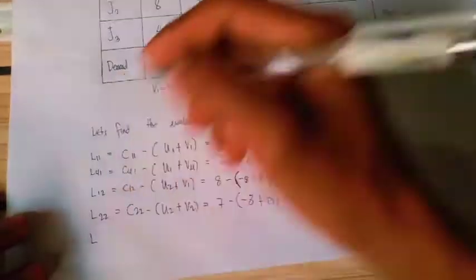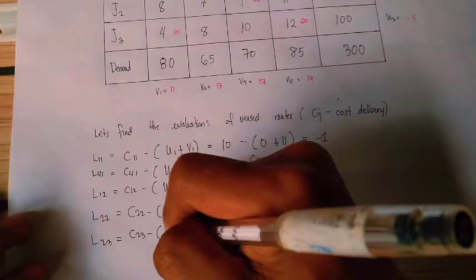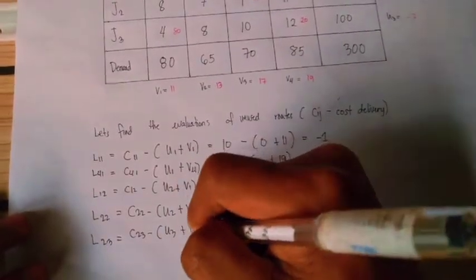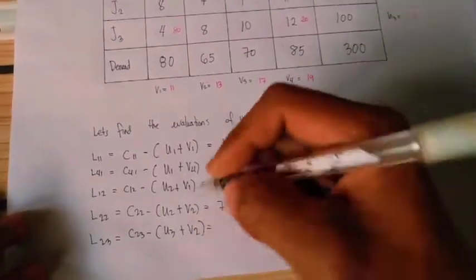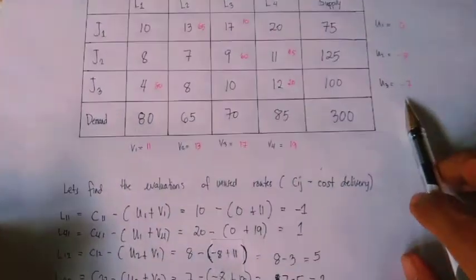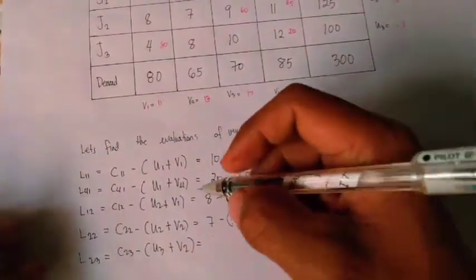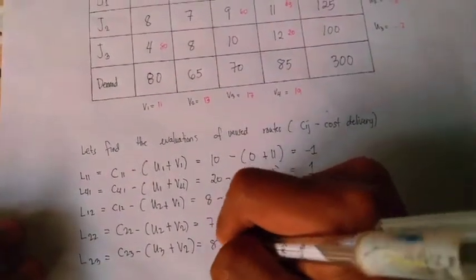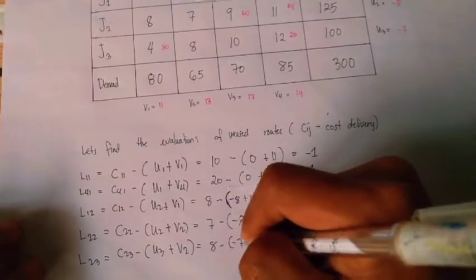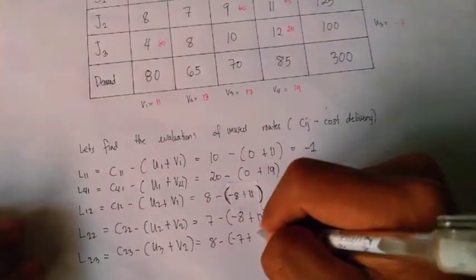Next is L2, 3. C23 minus U3 plus V2. U3 is negative 7 plus V2 is 13.